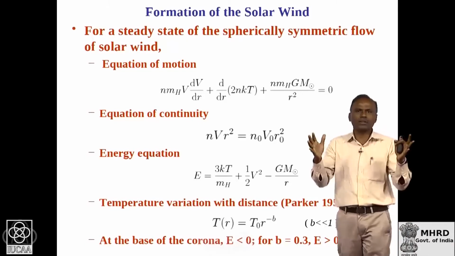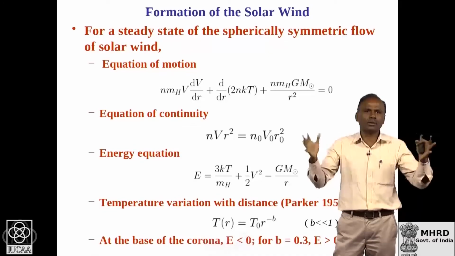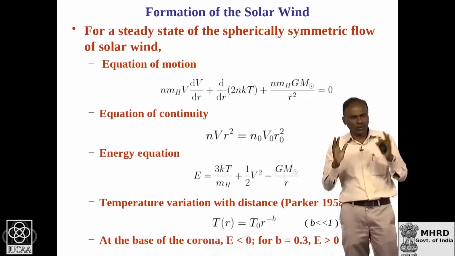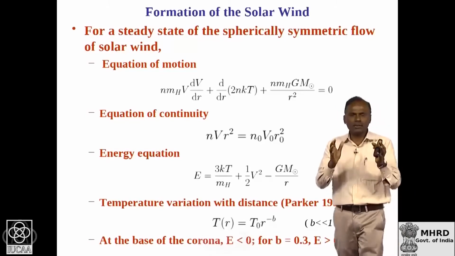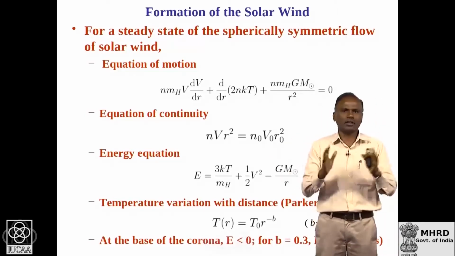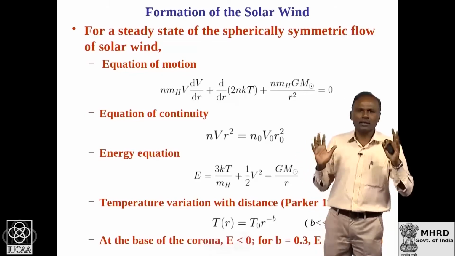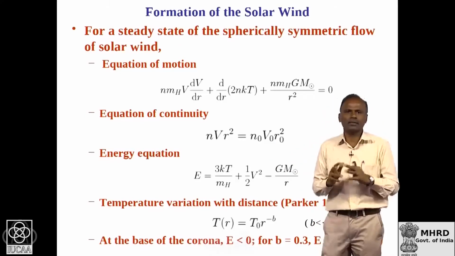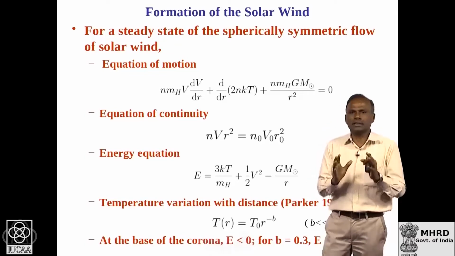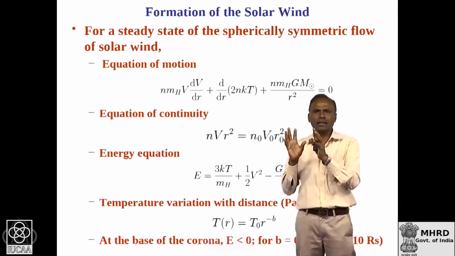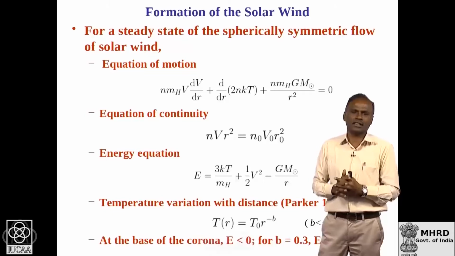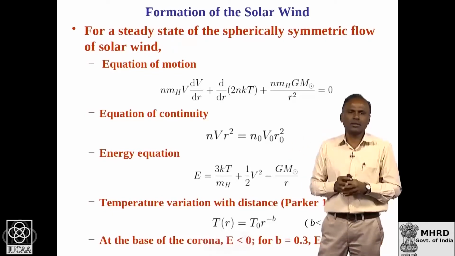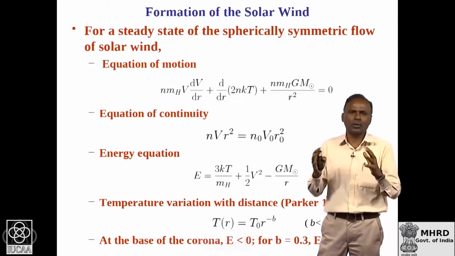So, when there is no solar wind flow, the equation of motion gives the steady corona or steady surface. The equation of continuity is governed by density and speed as a function of distance from the surface of the sun, and the energy equation has thermal energy, kinetic energy, and gravitational energy. So, they give the bound solution for the solar wind flow actually.